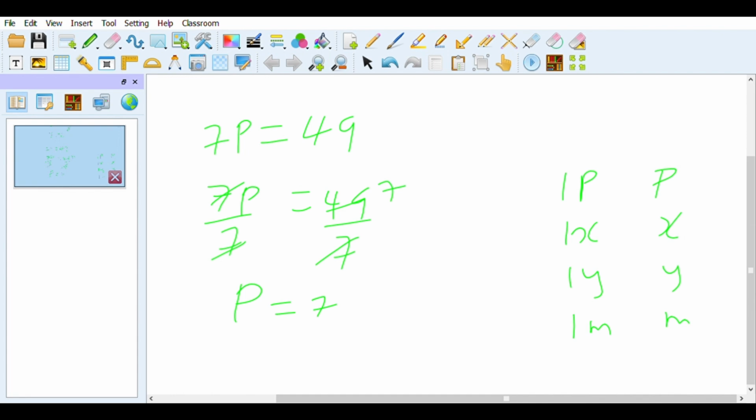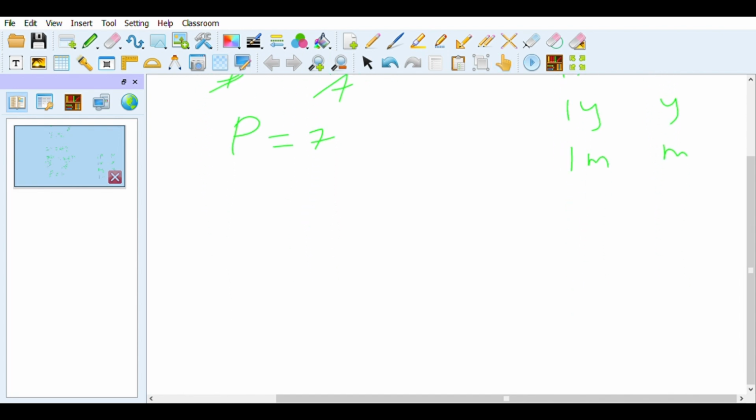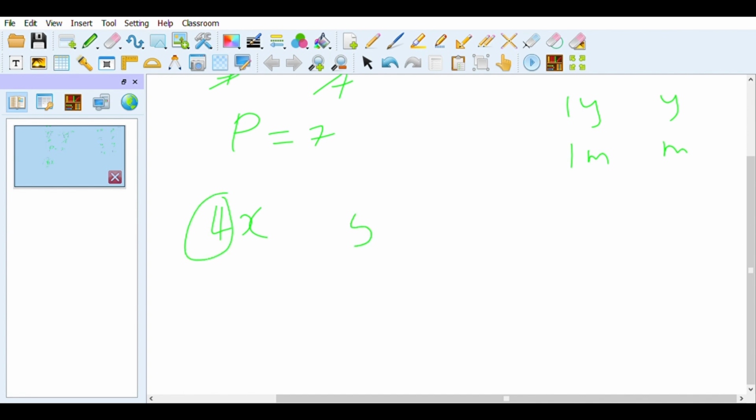Okay, so in summary of this, if we have a coefficient multiplying a variable like 4 multiplying x, to get the value of x, we divide both sides by the coefficient 4. If we have 5 multiplying y, to get y, we divide both sides by 5.